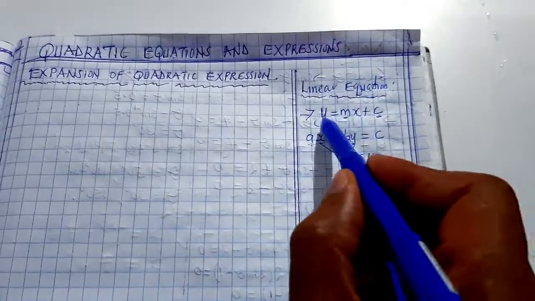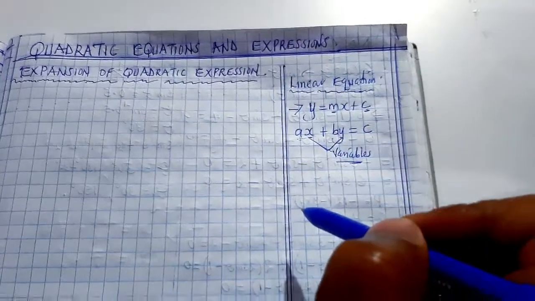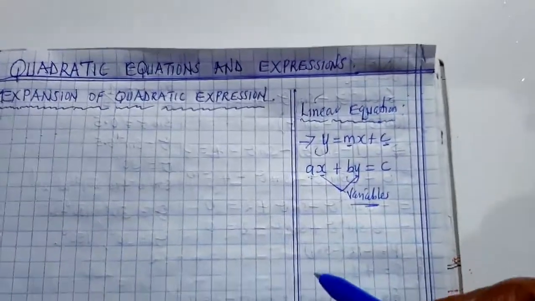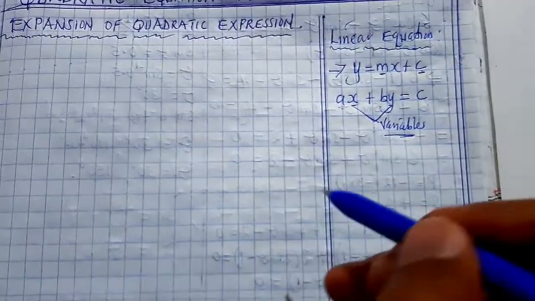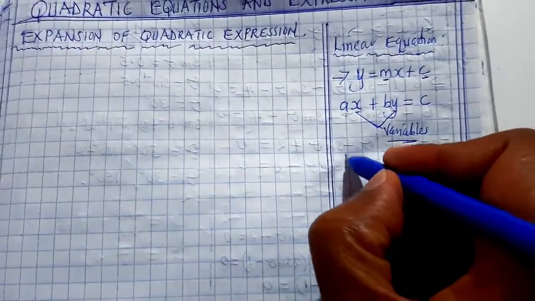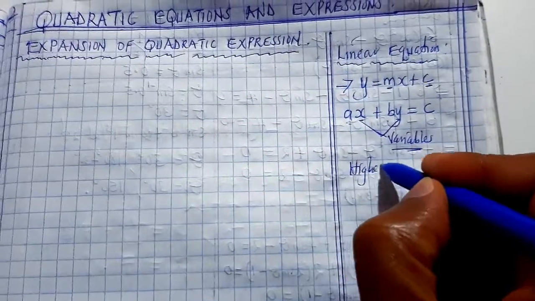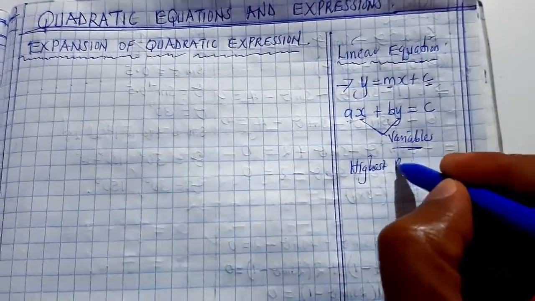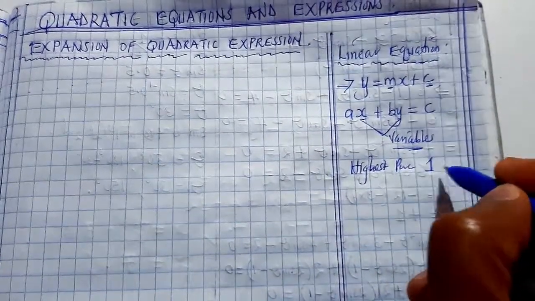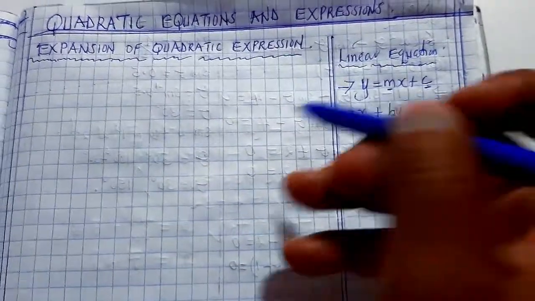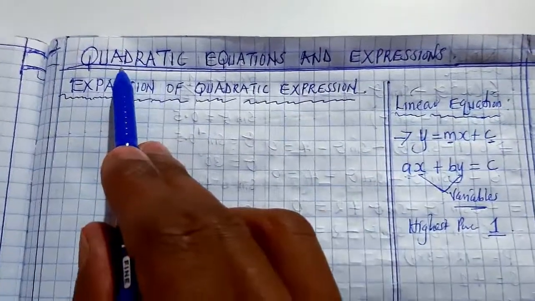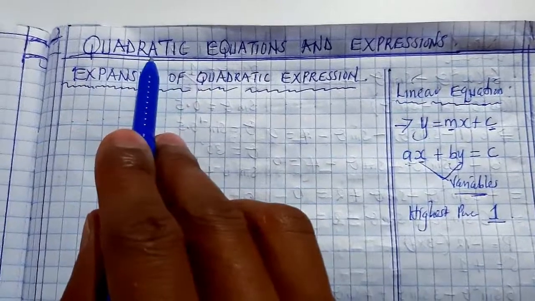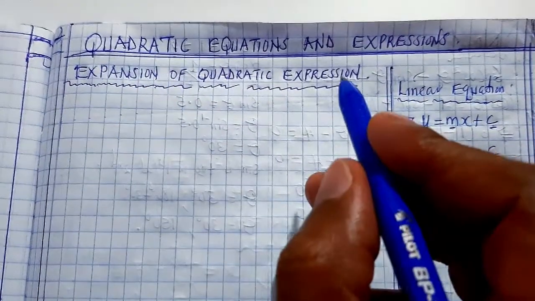Then x and y remain variables. So linear equations are equations of highest power 1. Now when you go to quadratic equations, quadratic means the highest power is 2.